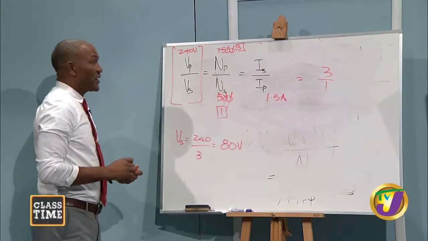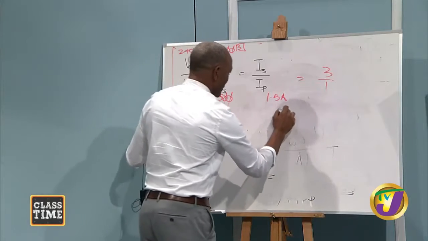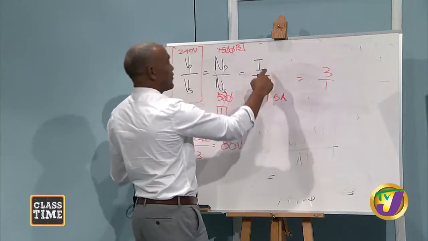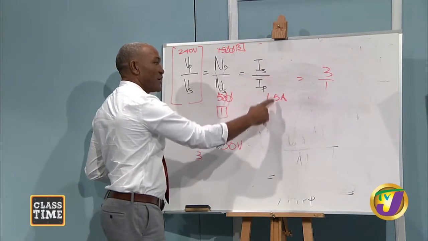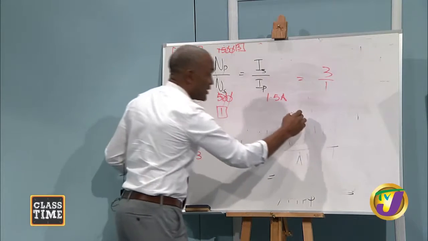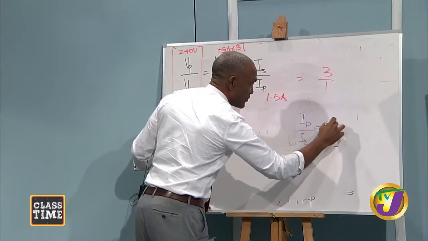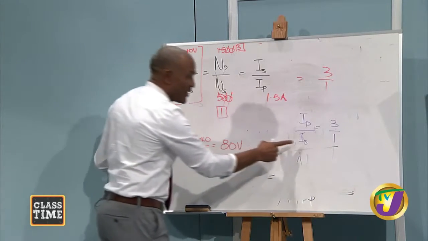All right? And then I move over here and I will do the same thing. This one should be 3 over 1 again. That means I should have a fraction that when I divide by 3, I get 1.5. Because Ip over Is is equal to 3 over 1. See that? But I already have Is.